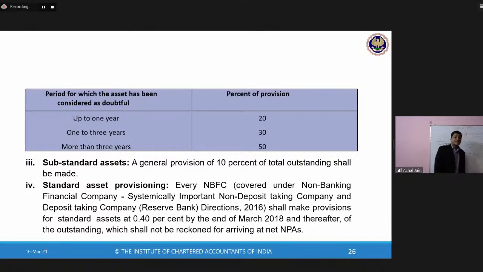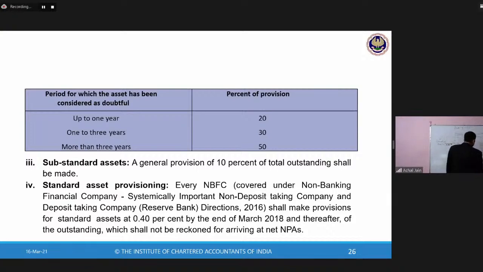So, if the asset has remained doubtful up to 1 year, then the provision will be 20%. If that has remained doubtful for more than 1 year, but up to 3 years, it's 30%. And if this is more than 3 years, it's 50%. And I'm just talking about all of these percentages for the secured portion. So less than or equal to 1 year, this is 20%.